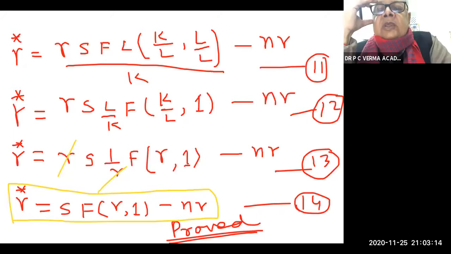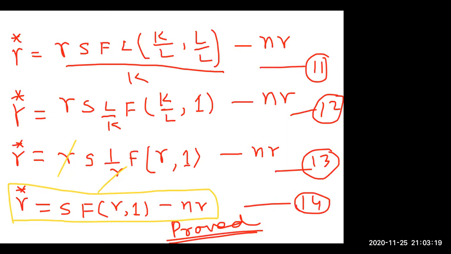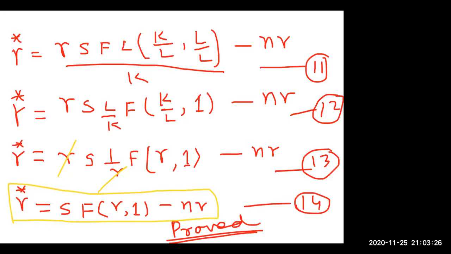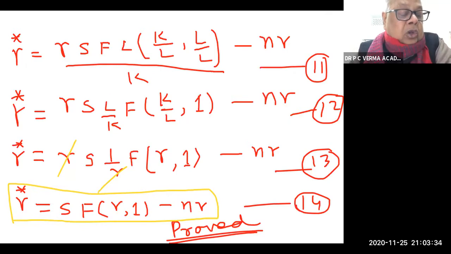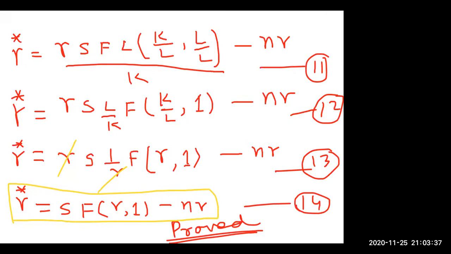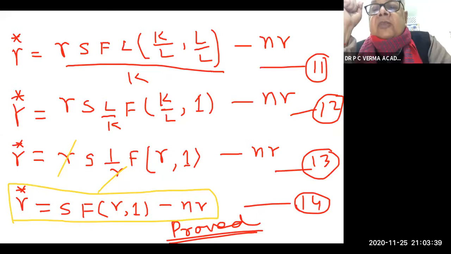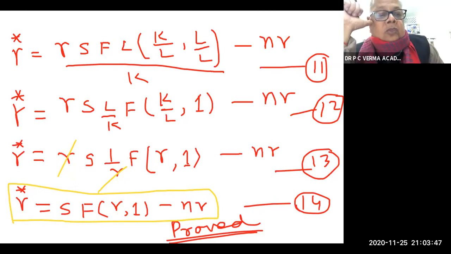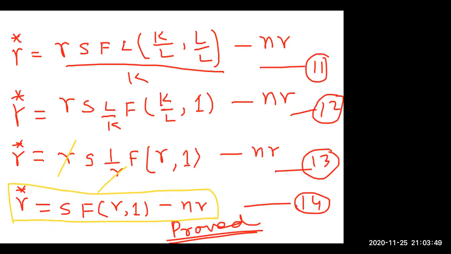There are two terms: the first term is the capital growth rate, and the second term is the labor growth rate. This is the Solow fundamental growth equation.